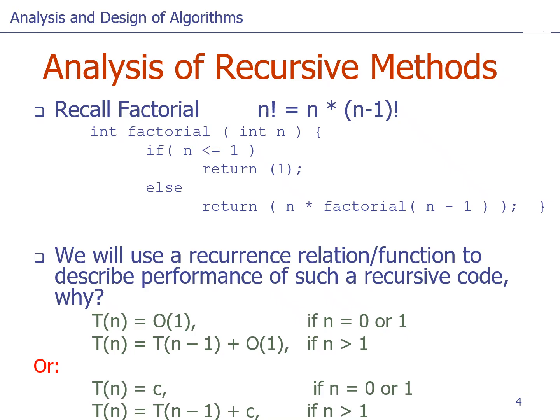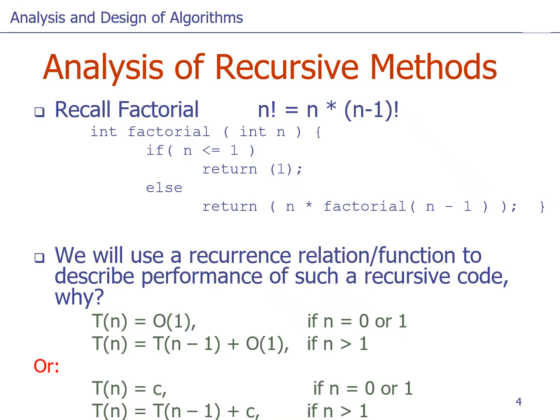Recurrence relations or recurrence functions are the mathematical equivalent of recursive code, in the sense that on the right-hand side of the definition of a recurrence relation, you will see the same function you're trying to define. And that's what you will see here in these two examples. And you will also see a definition that does not involve a recurrence or recursion. So it matches perfectly with recursion.